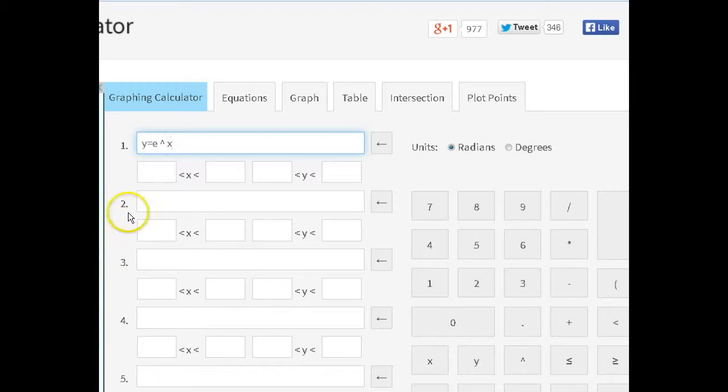Now, to build up and to let you get a feel for these, we're going to start with some simple values. Remember, this is the function y equals e. E is on this calculator. And we put our caret in, and we're raising it to the x power. So what does this look like?